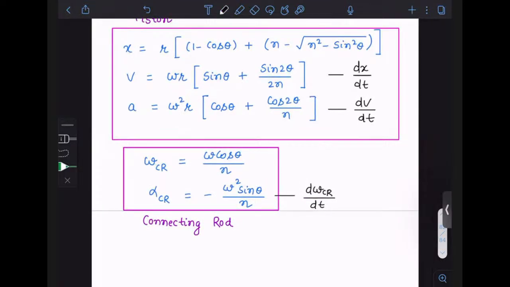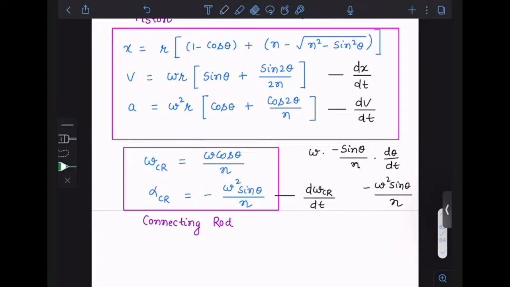I can show you one. If you are going to calculate d omega, omega is the same, and cos theta differentiation is minus sin theta by n, and again d theta by dt is omega. It will be your omega square, minus omega square sin theta by n. Right. So this is how you can get it.